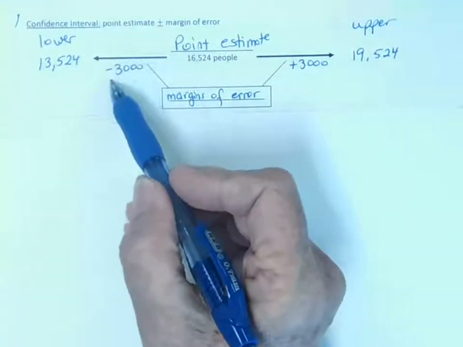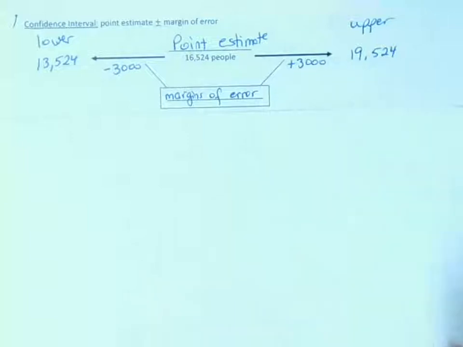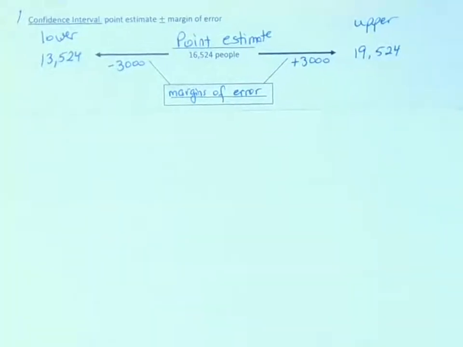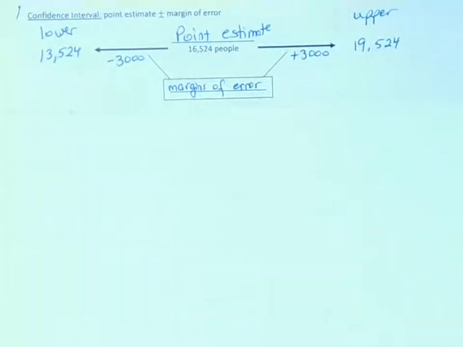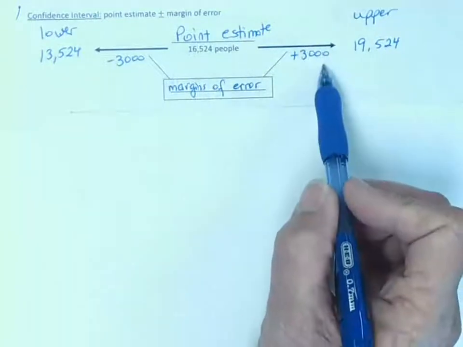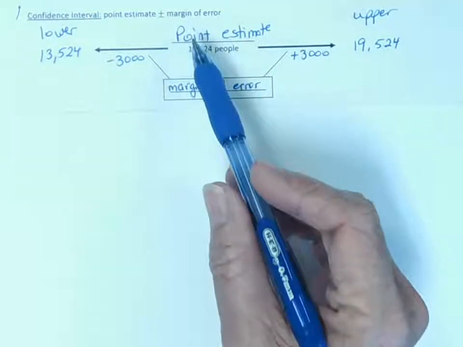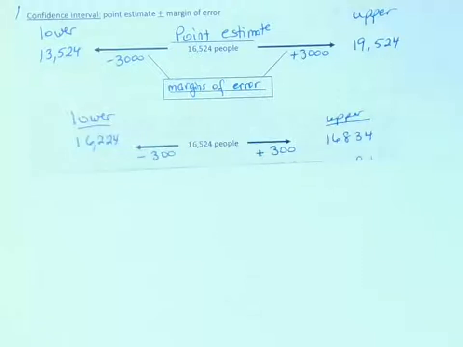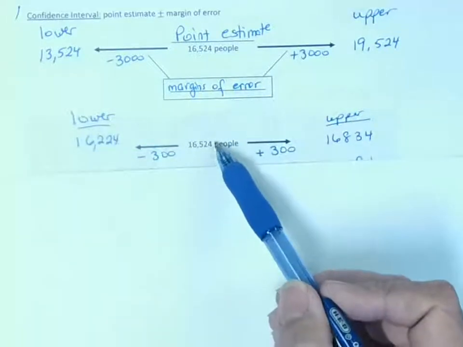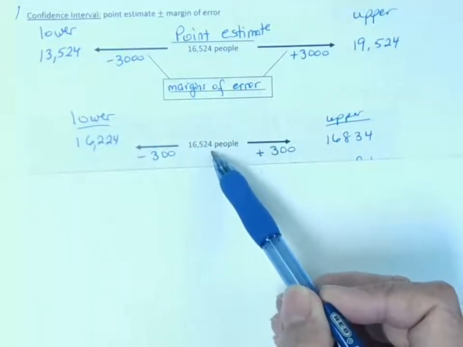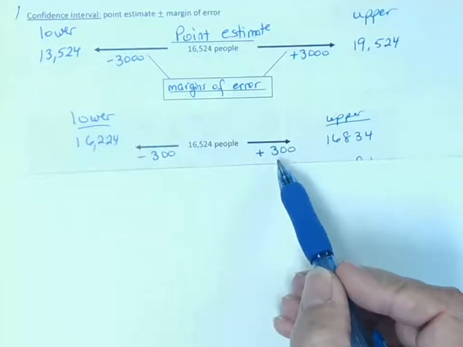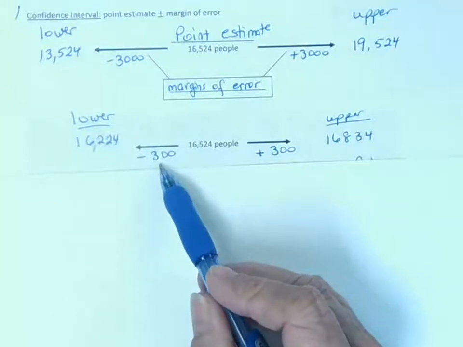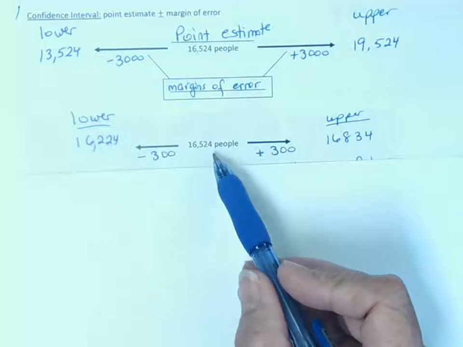But where did I come up with this 3,000? Why 3,000? What if I want slightly different numbers? What if I say instead of 3,000 as a margin of error, I want 300 as a margin of error? So in that case, I still have the same point estimate. I'm only adding 300 and subtracting 300 from that point estimate.